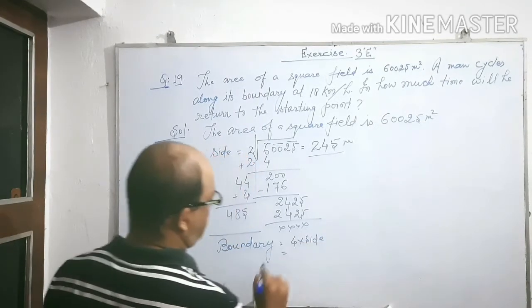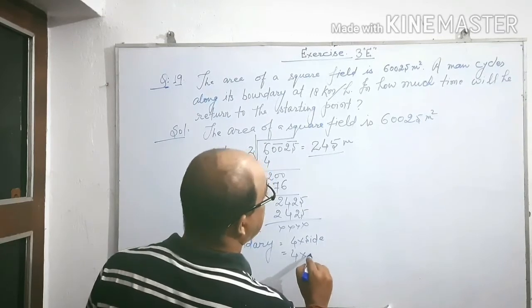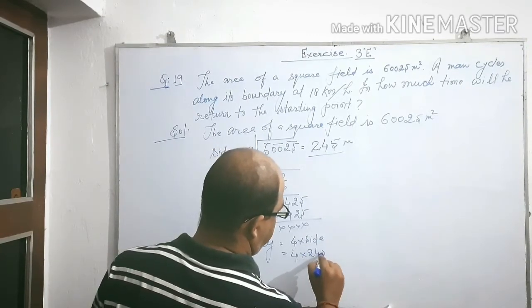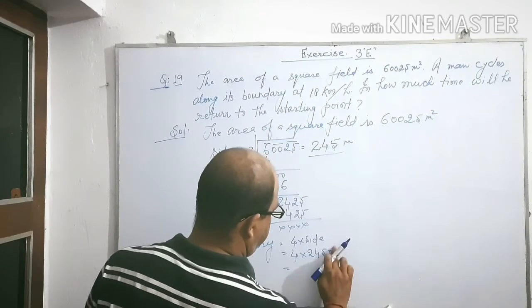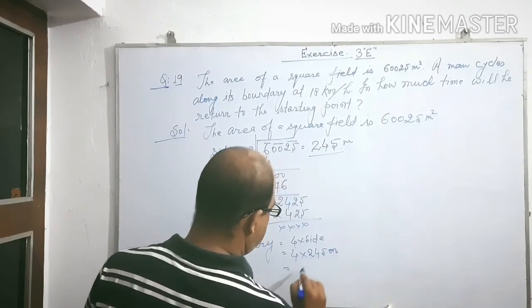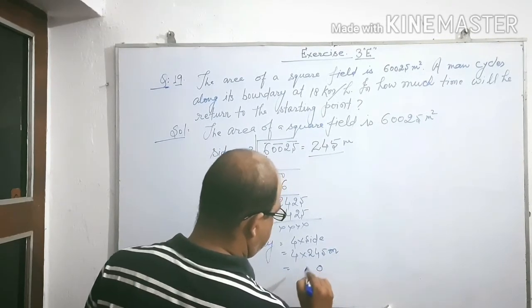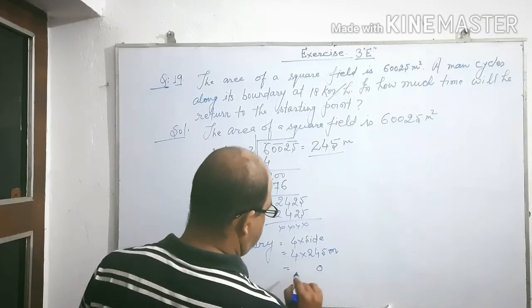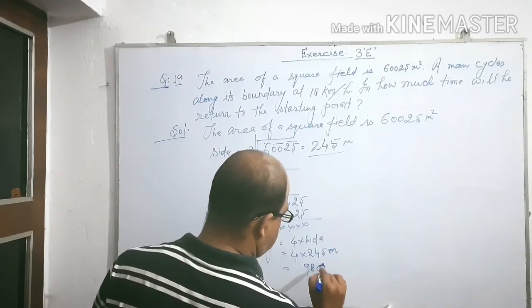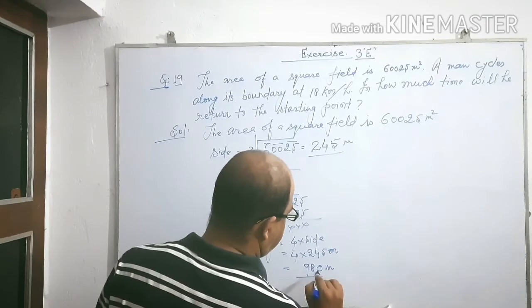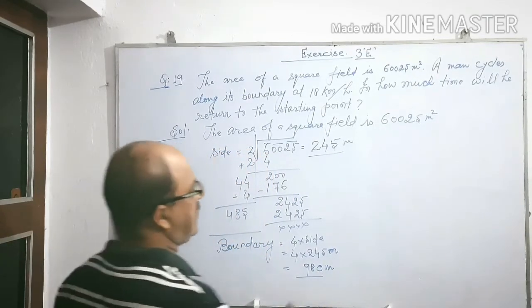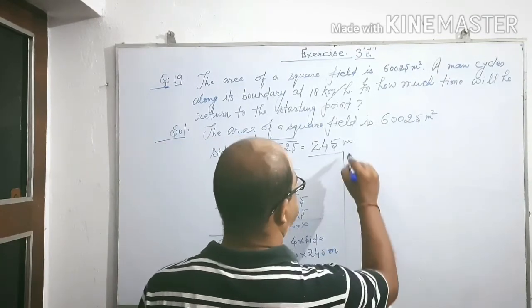It means perimeter. So 4 into 245 meter. 4 fives are 20 and 4 fours are 16, plus 2 is 18, so we get 980 meter as the perimeter of the given square field.